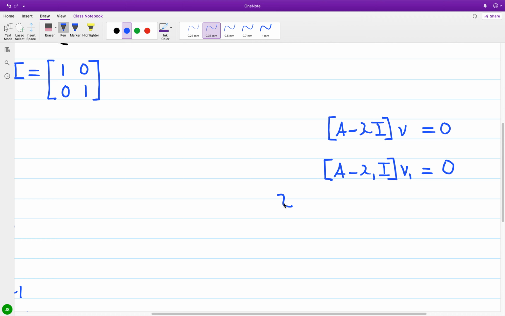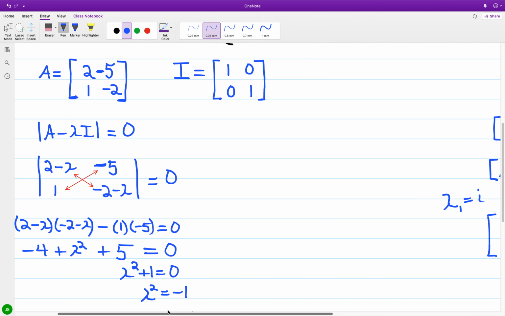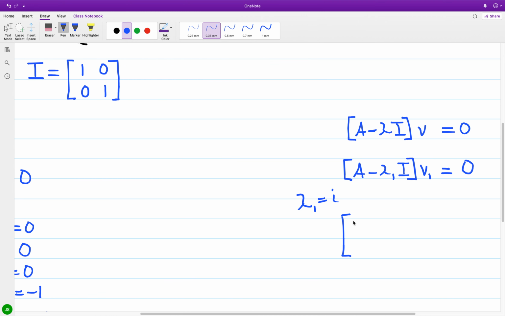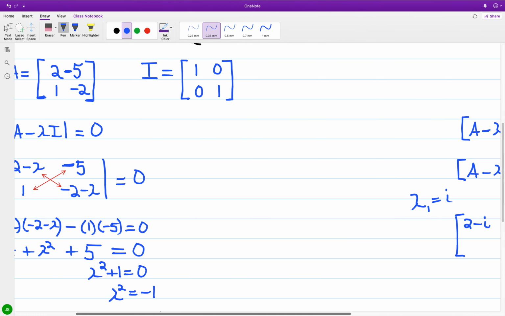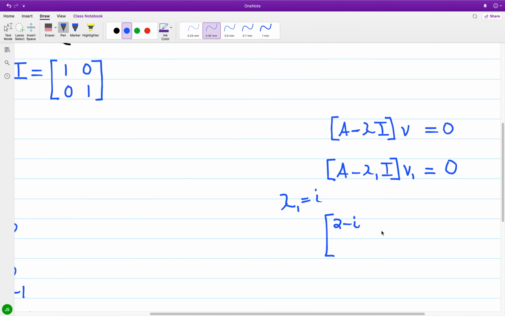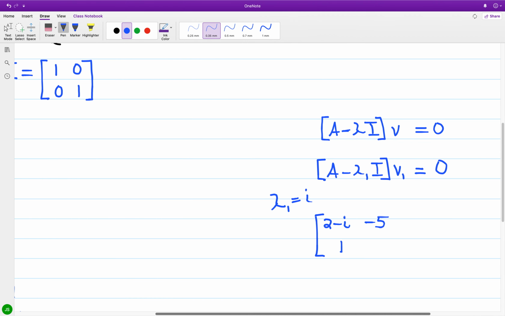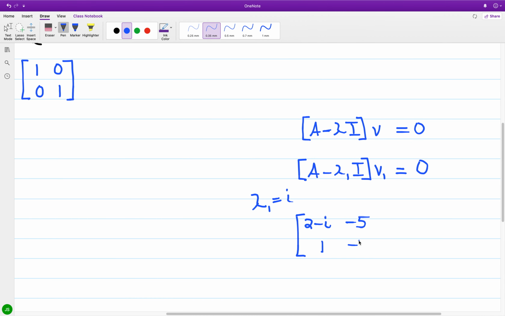With lambda of 1 equal to i, we have 2 minus lambda, so you can see we have 2 minus i, and you have -5 and 1, and in the lower right we have -2 minus lambda, so we have -2 minus i.